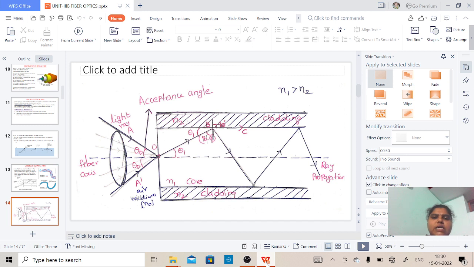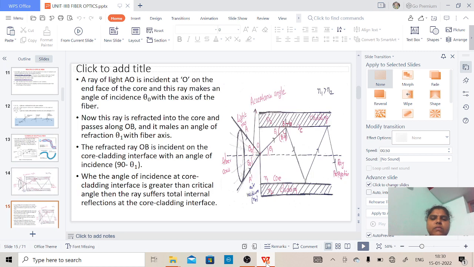Here the condition is n1 greater than n2. A ray of light AO is incident at O on the end face of the core, and this ray makes an angle of incidence theta naught with the axis of the fiber.